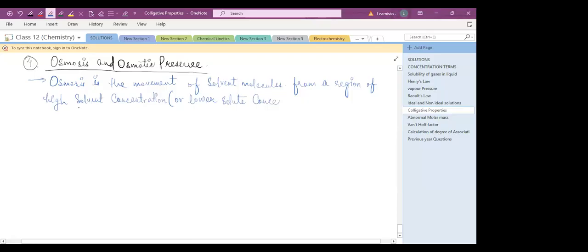Because when the solvent is high, right? If suppose the solvent is more, like 100 ml, it means high solvent concentration: the solvent is more and the solute is less. So whenever I say high solvent concentration, it automatically means lower solute concentration. Solute is less and solvent is more concentration.